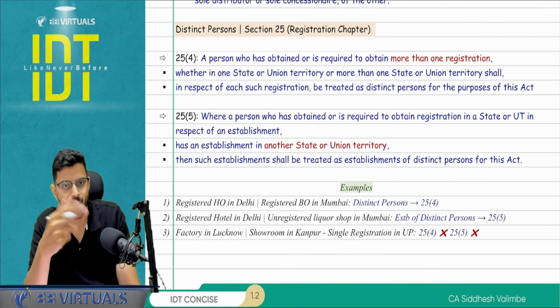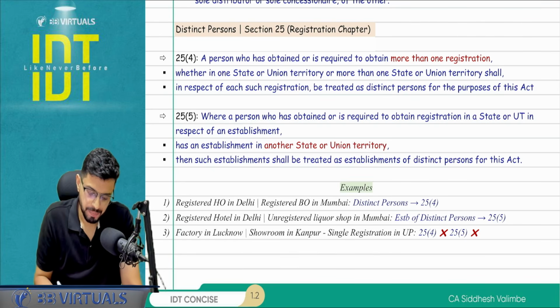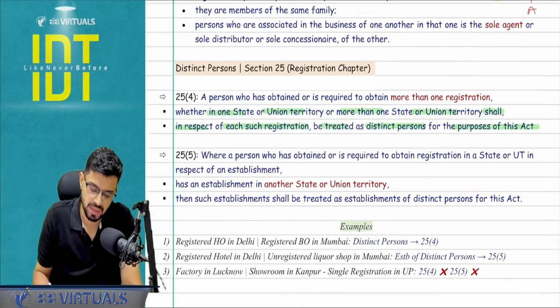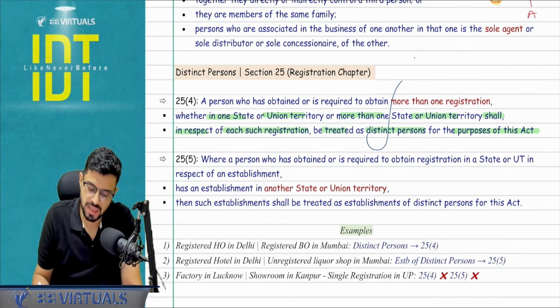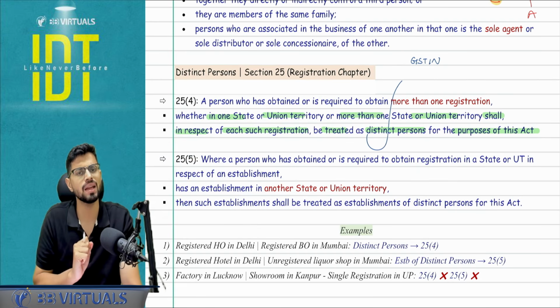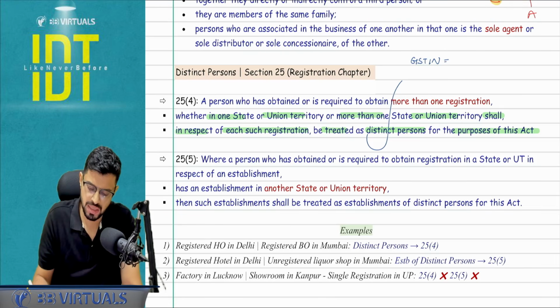Now, one state or more than one state, I don't care. Whether in one state or UT or more than one state or UT, we don't care. They shall in respect of each such registration be treated as distinct persons for this act. Every GST will be considered as a distinct person. Every GST is a separate person. Because in the eyes of law, you have a separate identity.